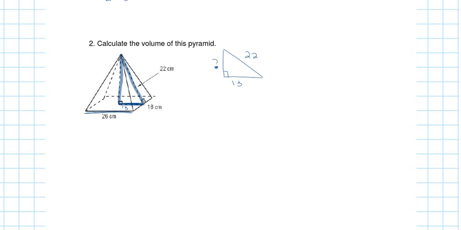22 squared minus 15 squared. That's right. So if I'm looking for, let's call it A, it's going to be A squared equals C squared minus B squared, which is going to be 22 squared minus 13 squared.